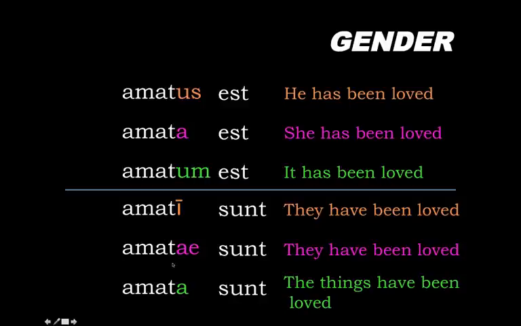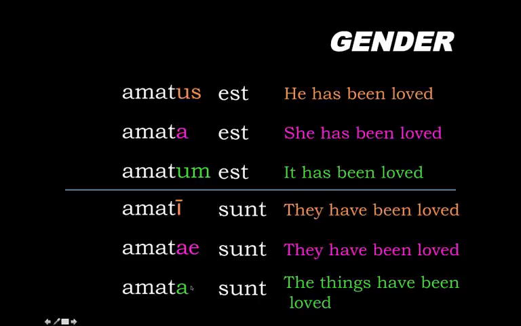Amata is singular, feminine, but amatae is feminine, plural. And amatum is neuter, singular, but amata is neuter, plural. So we do have to make sure that if we change the form of to be to a plural, the ending of the adjective must change too.